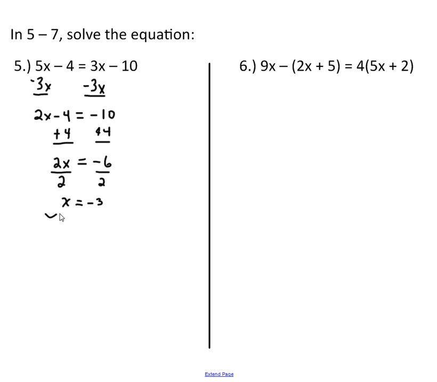Now, whenever we have a more complex type of equation, it's usually to our benefit to make sure that we check that. So let's do that really quickly right here. Does negative 3 actually solve the equation? We check that by direct substitution. So let's put negative 3 into the left, and negative 3 into the right.